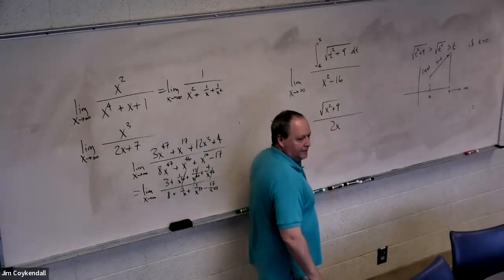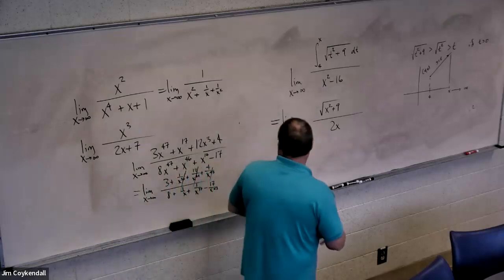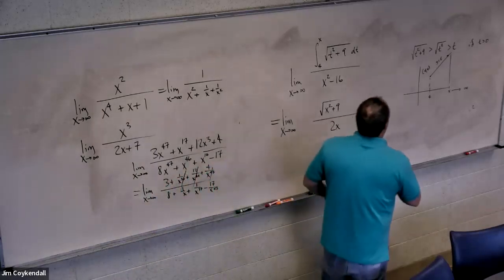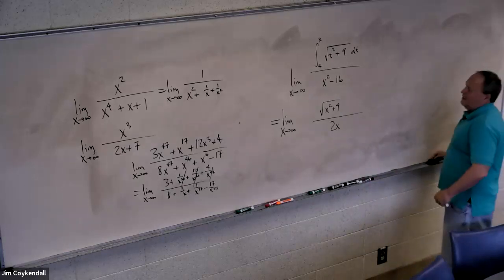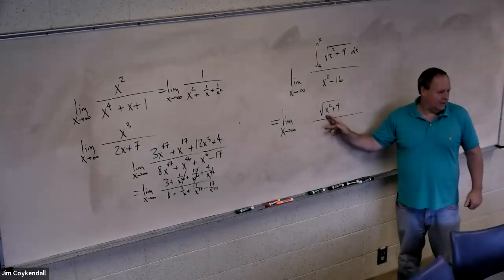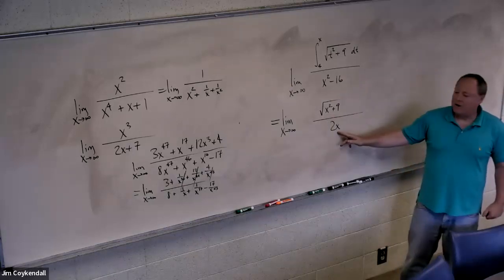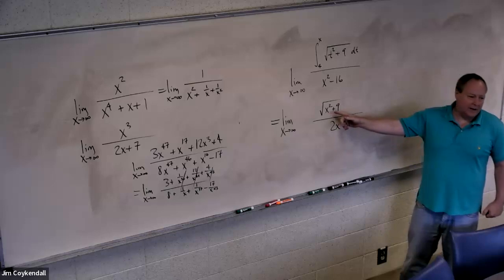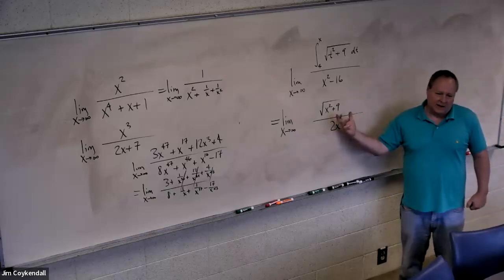What about this? Right, so here's what I'm thinking. This looks about like x over 2x. For very large values of x, x squared plus 9 and then taking the square root is not very different from x.